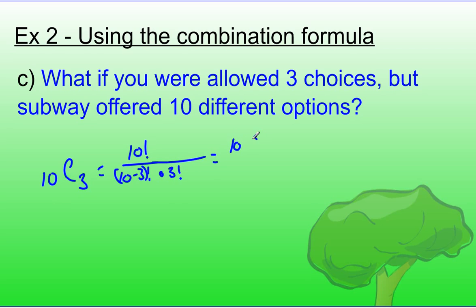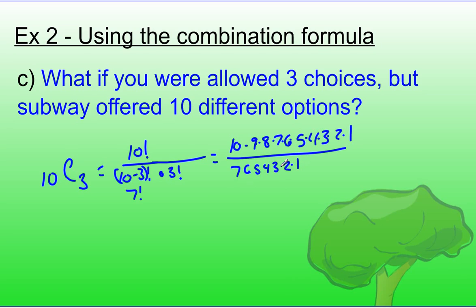So 10, 9, 8, 7, 6, 5, 4, 3, 2, 1 multiplied together, that's 10 factorial, over 10 minus 3, which is 7, so 7 factorial is 7, 6, 5, 4, 3, 2, 1. And 3 factorial is 3, 2, 1.